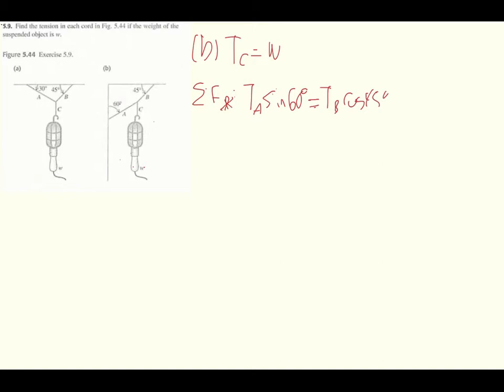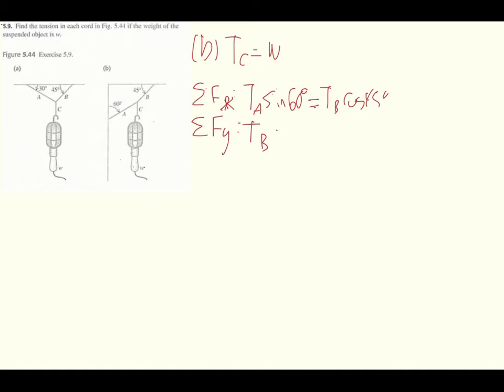Okay, and we're going to add up the y's also. When we add up the y's, the difference now is that the only one that's upward is the T sub B. So T sub B, and again, it's the sine of 45.